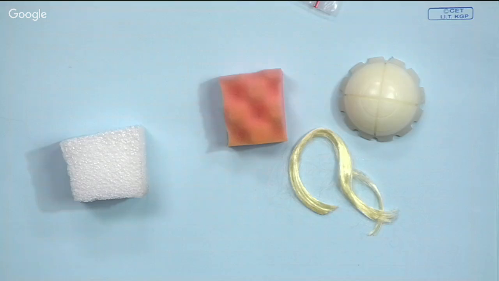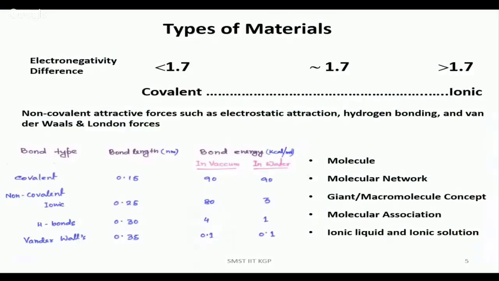So this property is solely because of molecular entanglement, whereas in the case of sodium chloride it is because of ionic interactions and the molecular network, and in the case of metal it is because of metallic bonds, right? So this has to be very clear.